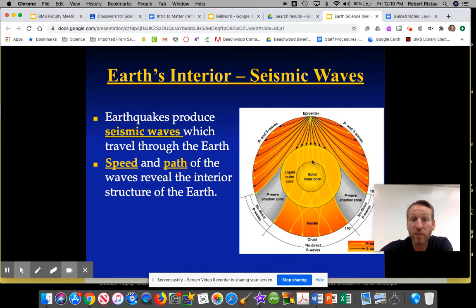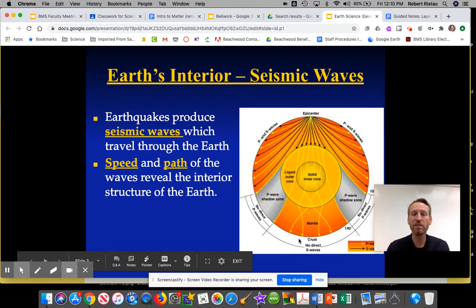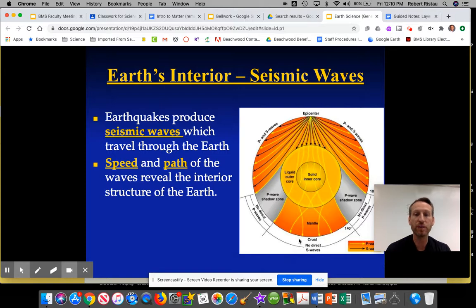And so then they don't come through on the other side. When that happened, scientists were able to conclude, oh, there must be a layer of the Earth that is liquid. And so that's how we know a lot about what the layers of the Earth are made out of, what their state of matter is, because of these S and P waves, these seismic waves that travel in earthquakes.